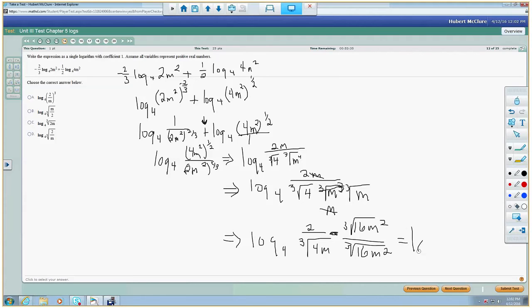That's going to be log base 4, 2 times cube root 16 m to the second power over, and what is the cube root of 64? 4. And what is the cube root of m to the third? M.